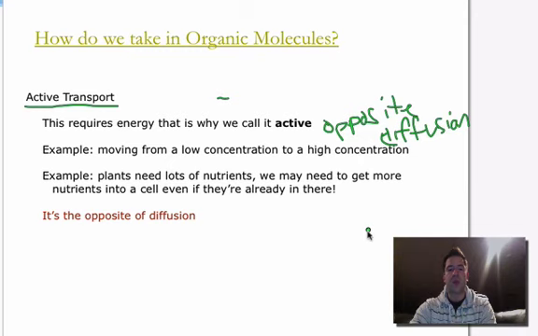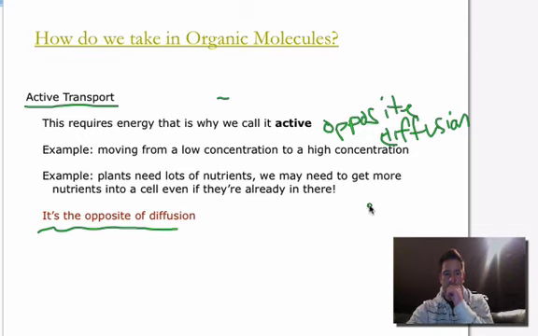Okay, so an example is plants need lots of nutrients. We may need to get more nutrients into the cell even if they are already in there. So it's the opposite of diffusion. These plants require lots of nutrients, so they need to absorb as many nutrients as they can. They take some in through diffusion and osmosis in the roots, and we have to make sure they get to the various cells.